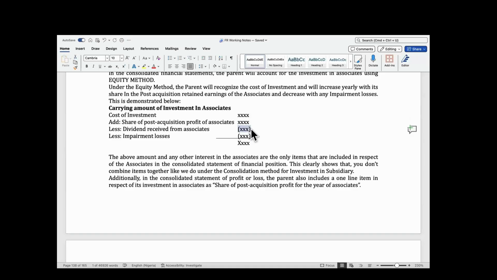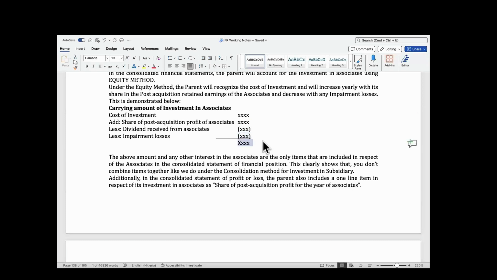You need to remove dividend because that would be recognized in your separate account. It's recognized as an income in your separate account. So it's an intra-group income, right? You would not consolidate that. That's why we have to remove that. Then if there is any impairment loss, you remove that as well.